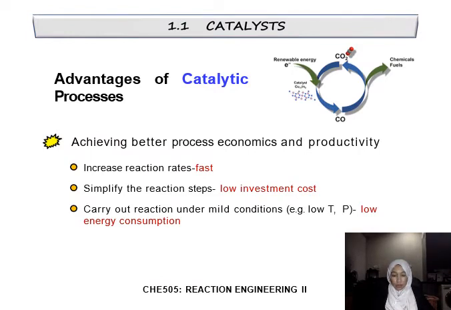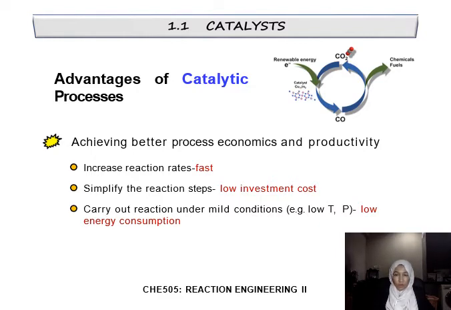Okay, let's look at the advantages of the catalytic process. One of the advantages is that it would achieve better process economics and also productivity. Why? Because it will increase the reaction rates, so the reactions will be fast, and it will simplify the reaction steps, meaning that it would cost less, and the reaction will be carried out under maybe lower temperature and also pressure.